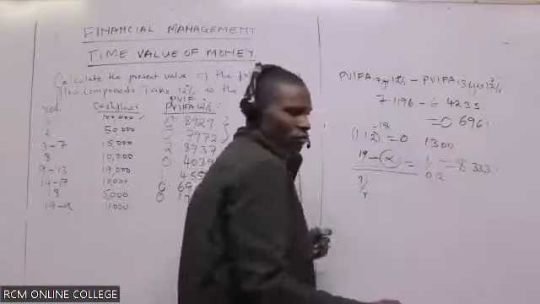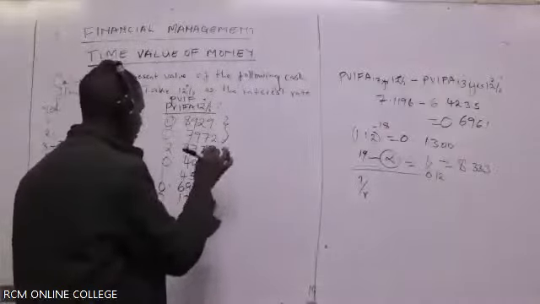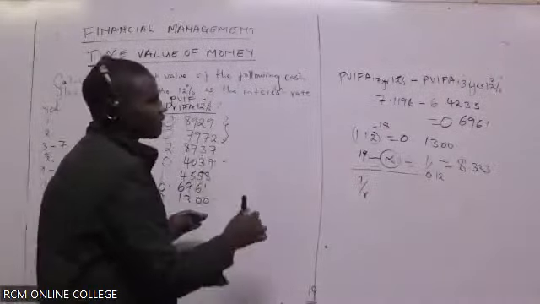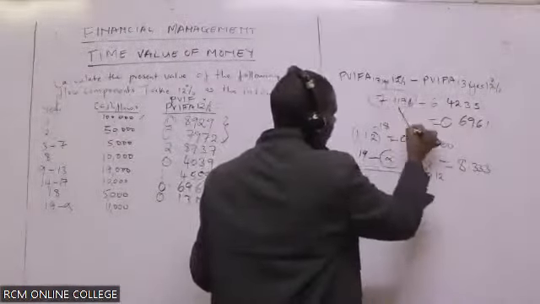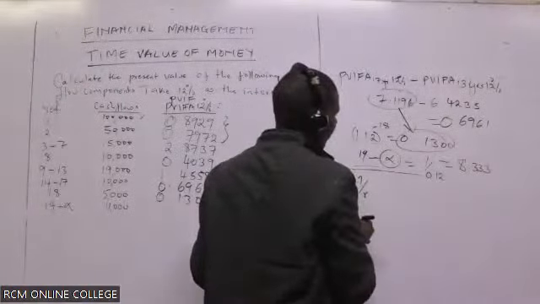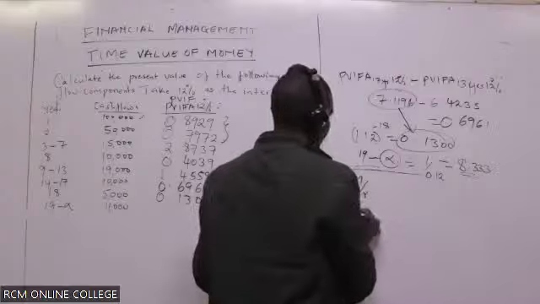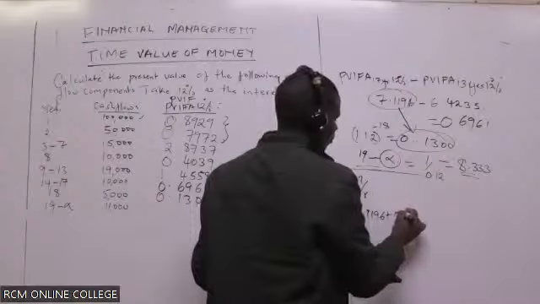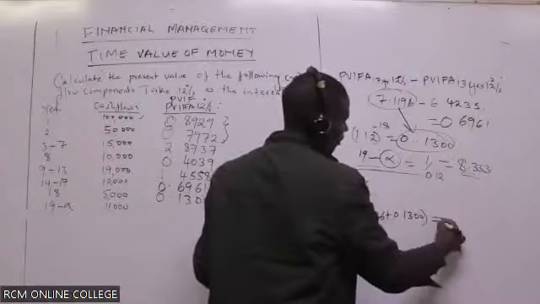0.1300. So instead of me saying 8.333 minus this minus this, I just come here. The one for 17 years was this, I add the one for 18, so I will have already got up to 18. After adding, I subtract from 8.333, so I'll have 7.1196 plus 0.1300. That one is for 18.